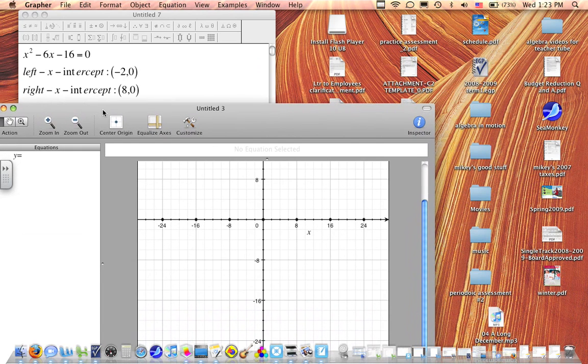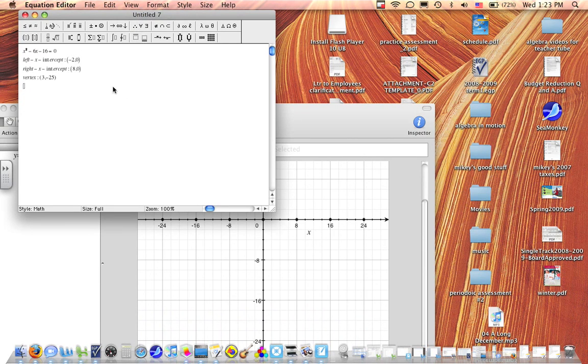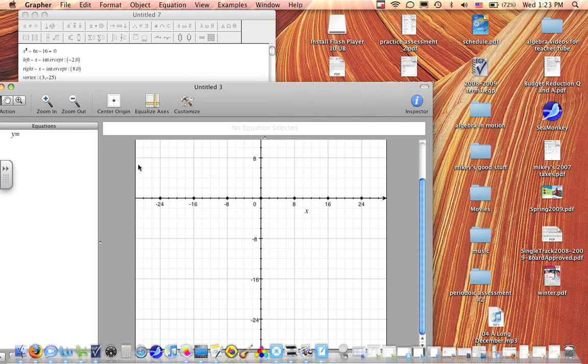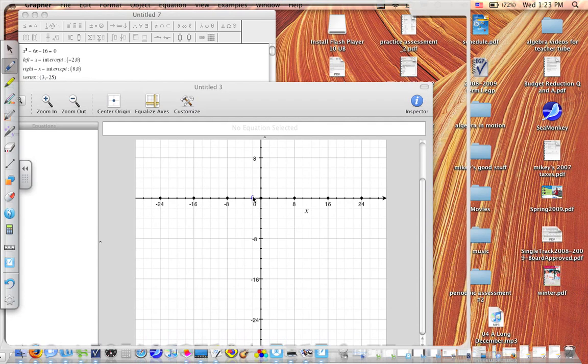Let's bring this up just a little bit further and shrink this down a little bit more. There we go. So my first coordinate is negative 2, comma 0.